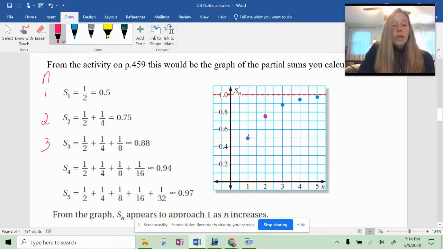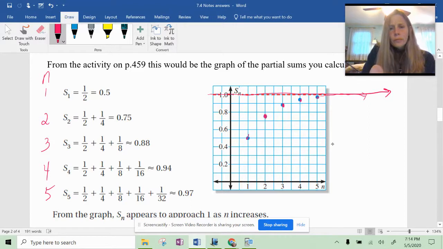On the third term in my sequence, which was 1/8, when I summed those up I got 0.88, so that's about there. On the fourth term I added in 0.94, and then the fifth term added in 0.97. And as we showed, if we continue this, it would look like an asymptote.